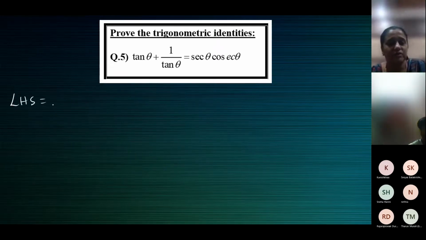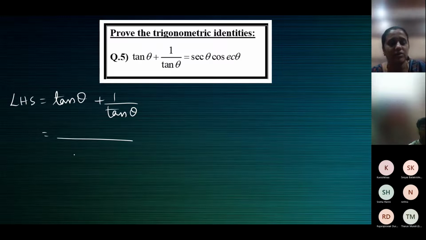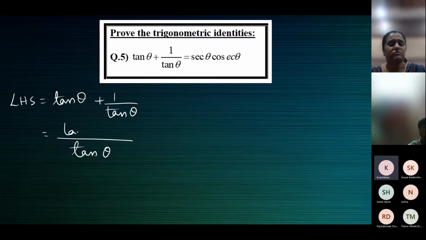So the other one, without changing tan and cot, we'll see it. LHS is equal to tan theta plus 1 by tan theta. Now take up the LCM as it is. What's the common denominator? Tan theta. Then what will be the numerator? Tan square theta.